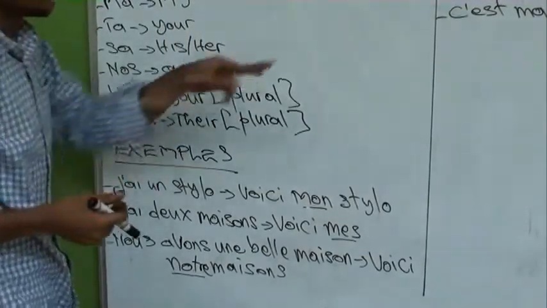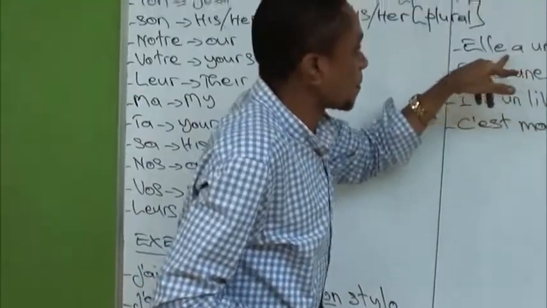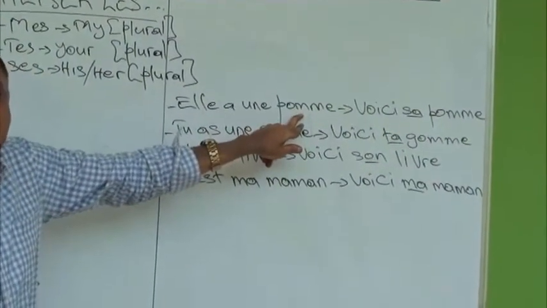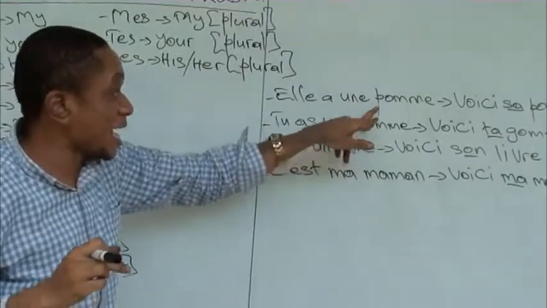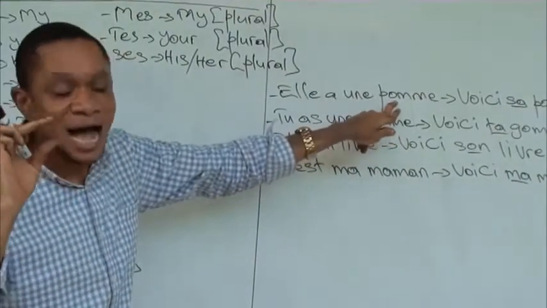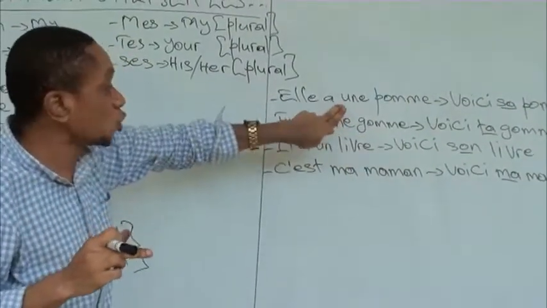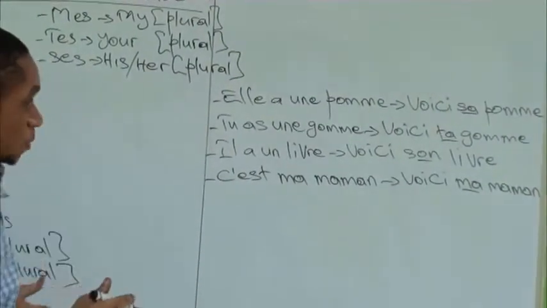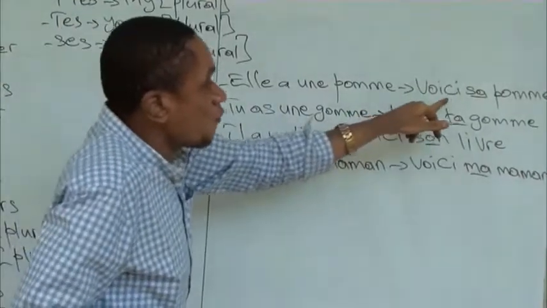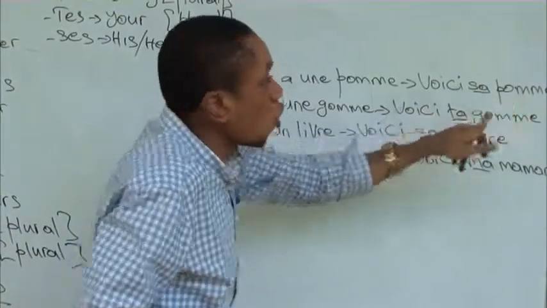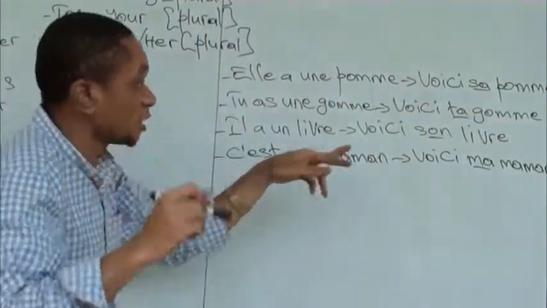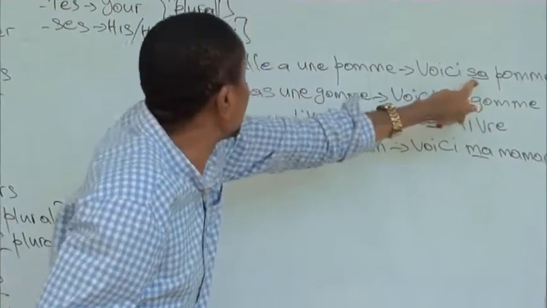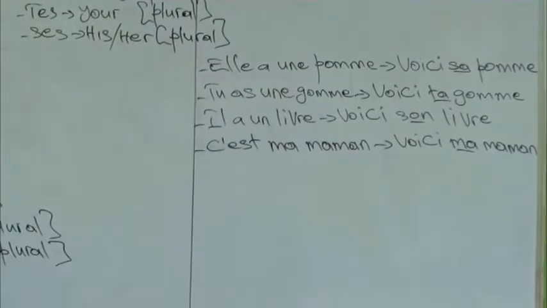Elle a une pomme. She has an apple. Now, according to this sentence, if I need to answer according to the lesson, I will say, voici sa pomme. So always you have to start with voici. Voici means here is her apple. Her, sa. You can see here, sa is here.